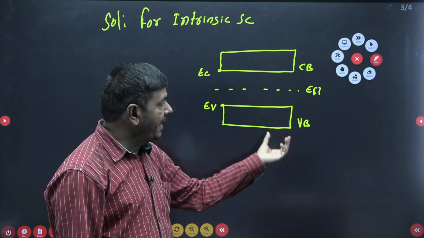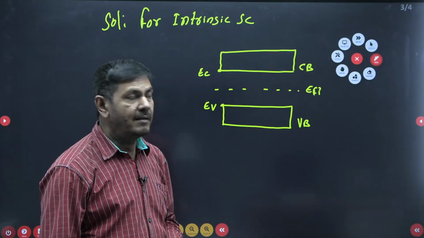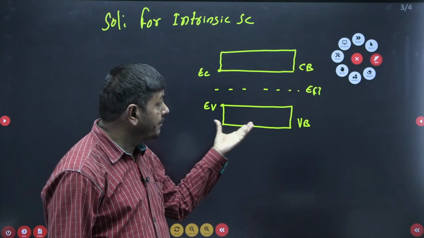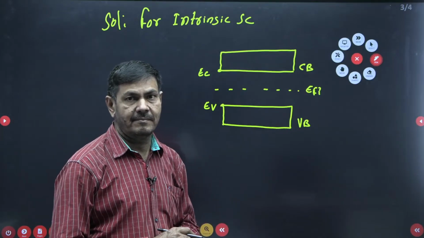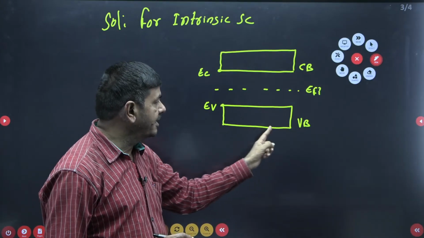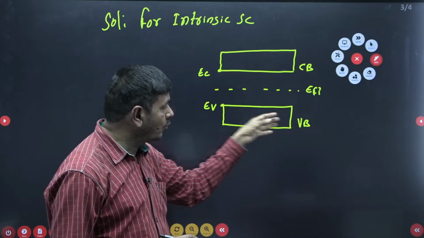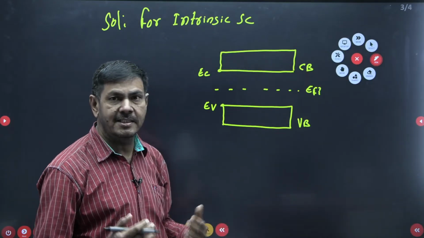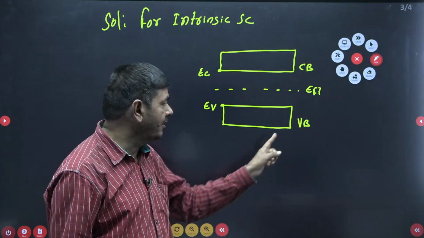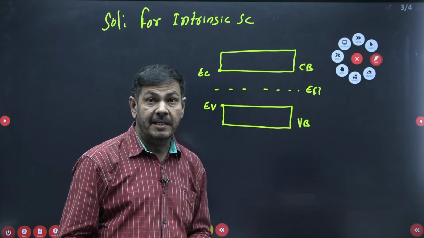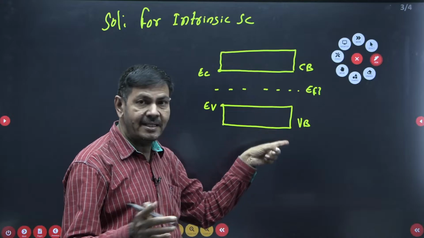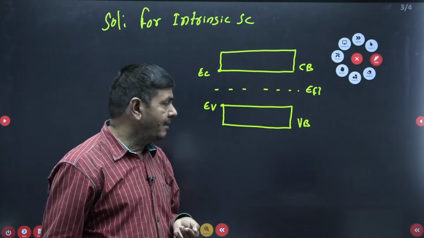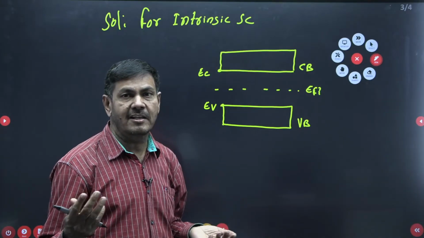The valence band exists only with a number of covalent bonds. That means electrons exist within the bond in the valence band. In band theory, the outermost orbit electrons are nothing but the valence electrons.